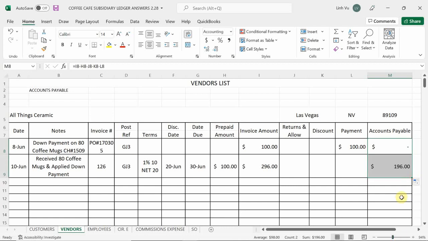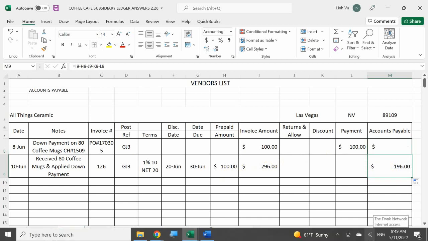It should say that for this bill, even though you originally said that you were billed for $296, you applied the $100 down payment, so now you owe $196, and that exactly matches your bill.